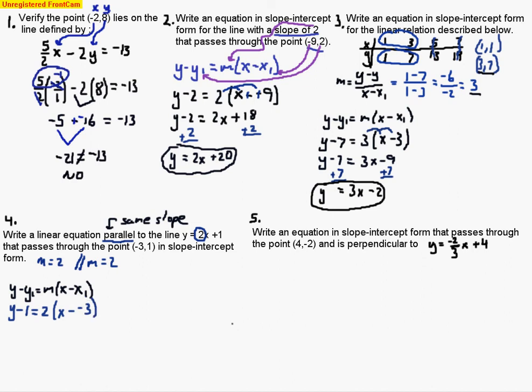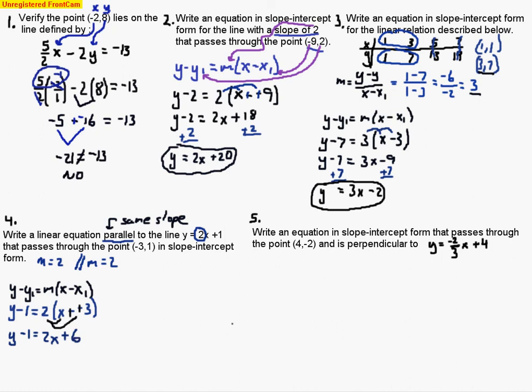Well, go ahead and do some work there. Anytime you see that minus negative, change that right away to plus positive and distribute that 2 over that addition. Well, we go ahead and do that. We've got this y minus 1 equals 2x plus 6.